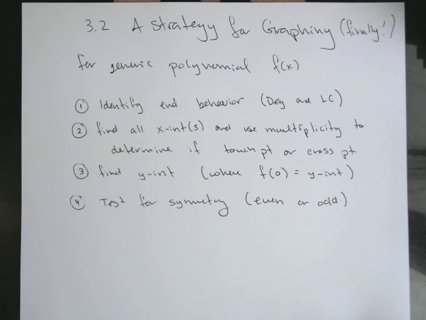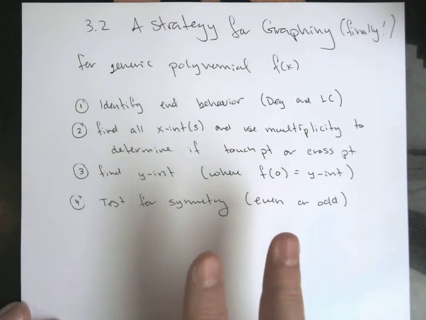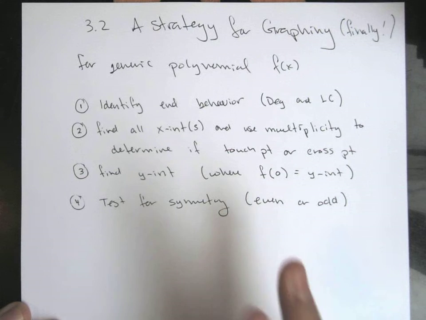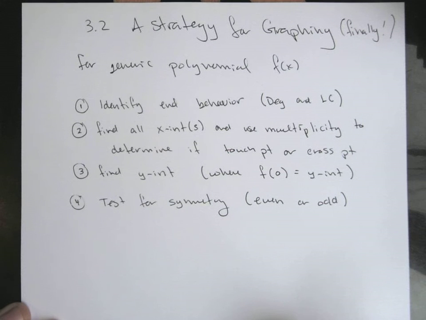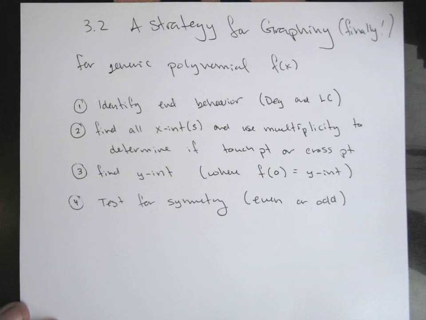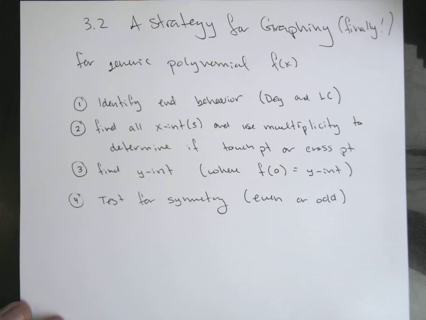It's another puzzle piece that should confirm some of the other things you're finding. If you find that your function is symmetric to the y-axis, but you're not getting paired x-intercepts, negative and positive, that could be an issue. Either you missed an intercept or maybe your symmetry test was off. You want all these things to be consistent and fit together.